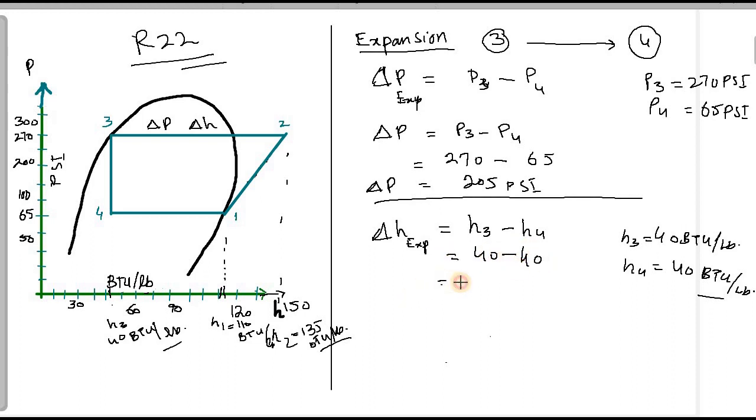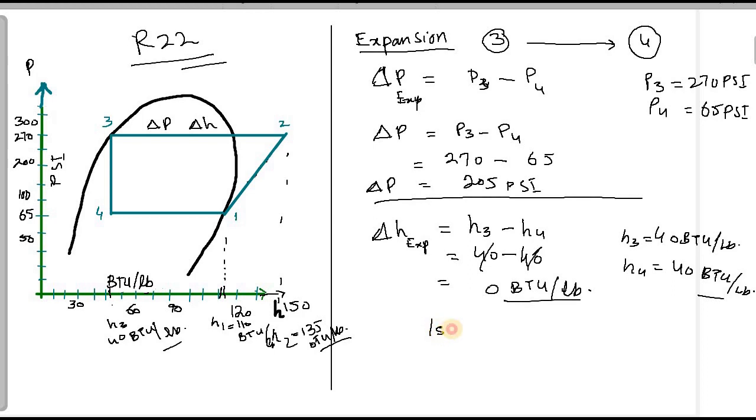The two will cancel each other, and the result will be 0 BTU per pound.